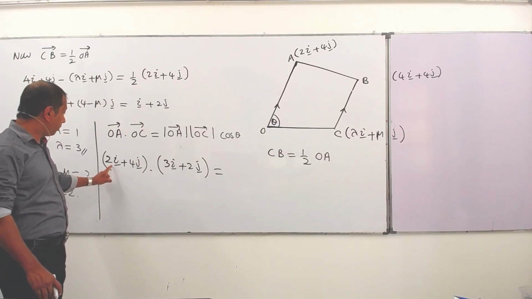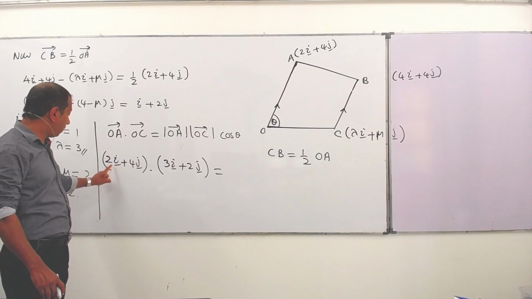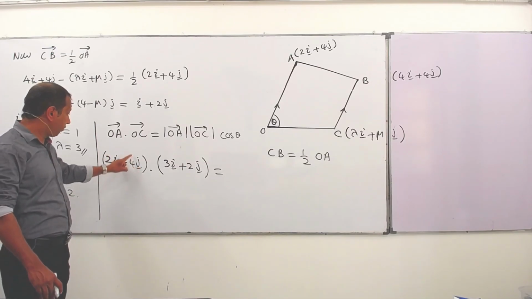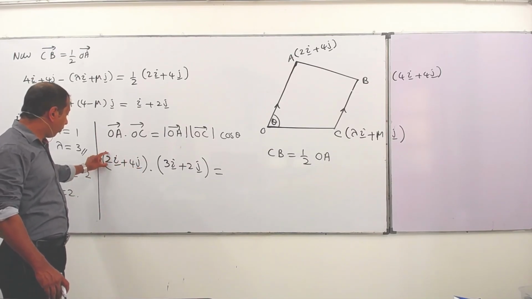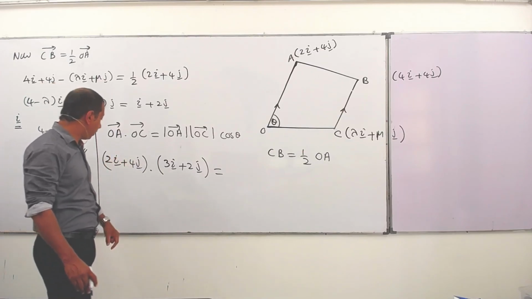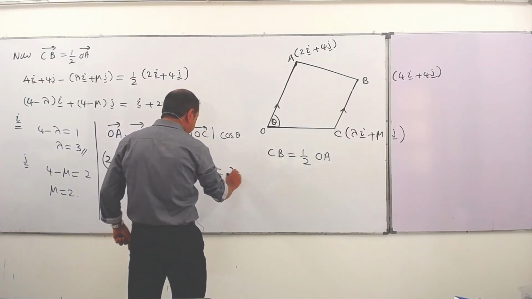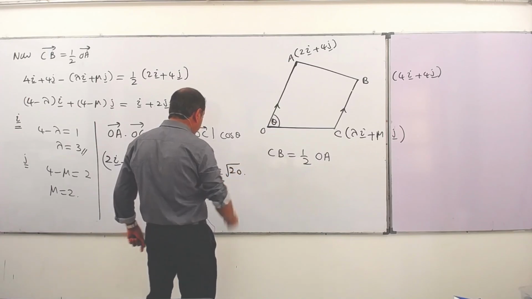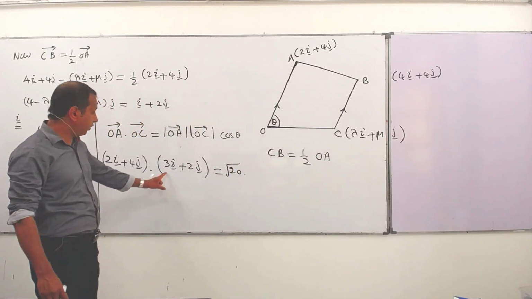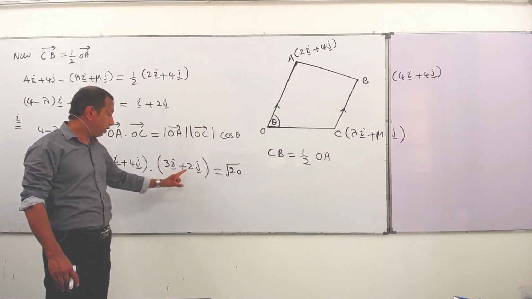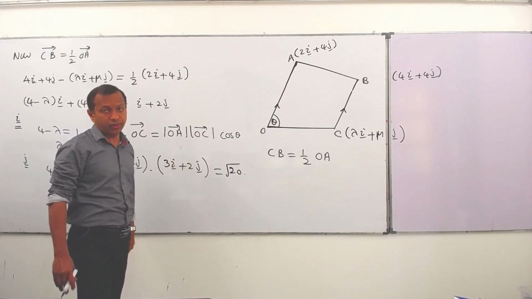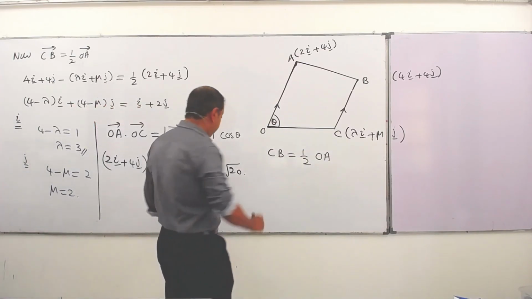OA vector is this, no? Its modulus means i coefficient squared plus j coefficient squared, root of 4 plus 16, which is root 20. OC vector is this: 3 squared plus 2 squared, 9 plus 4, root 13.